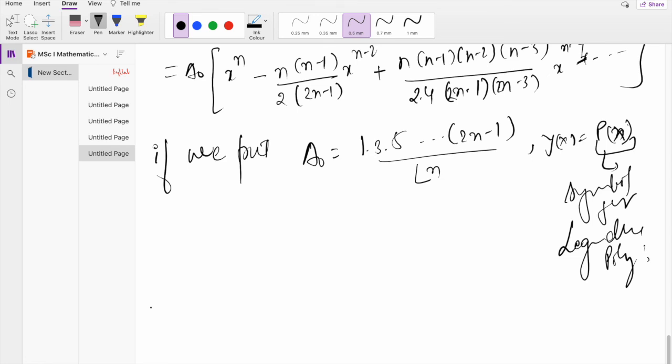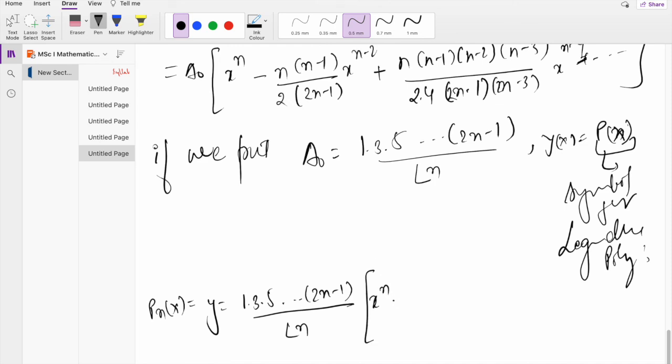So y(x) is now Pn(x), the Legendre polynomial, where a0 is 1.3 up to 2n minus 1 upon factorial n.